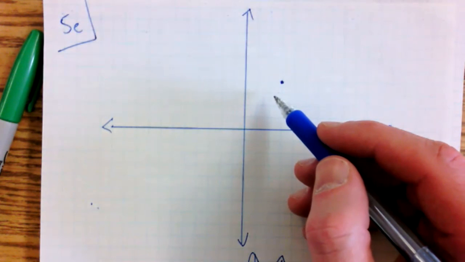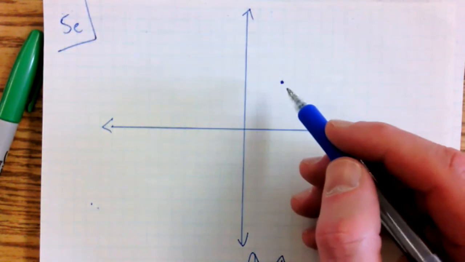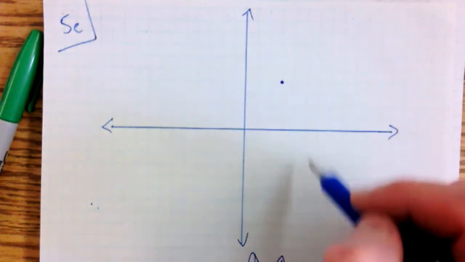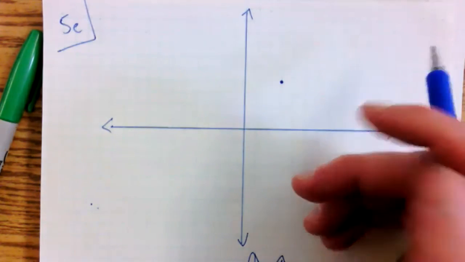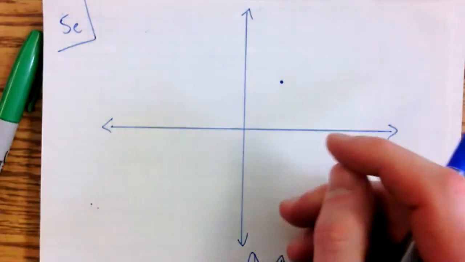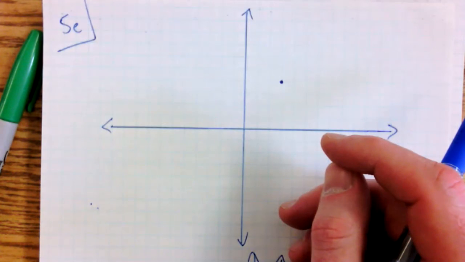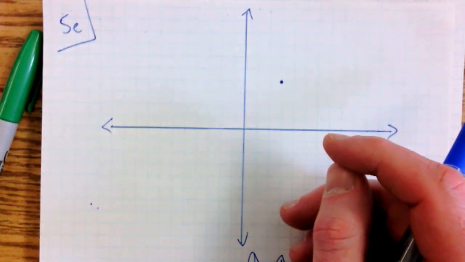I'm going to find out what the y-intercept is, just so I have an idea of the shape of this thing. So when x is 0, 3 squared is 9. 9 times 2 is 18, and 4 is 22.